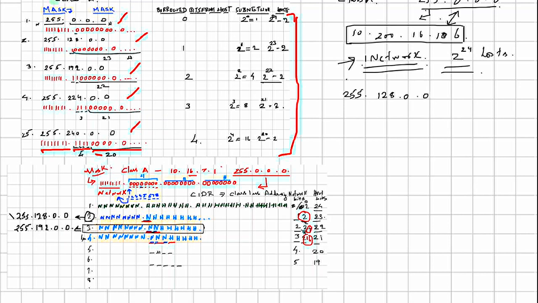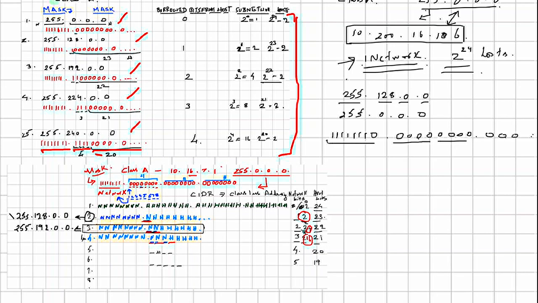Like 255.255.128.0, this is one kind of subnet. How did we get this subnet mask? The default is 255.255.0.0, which, if I write it in binary, is all ones in the first portions and the rest all zeros.